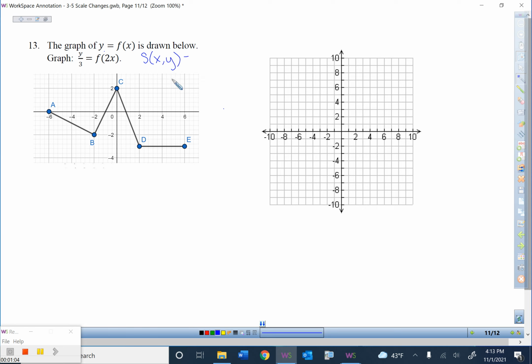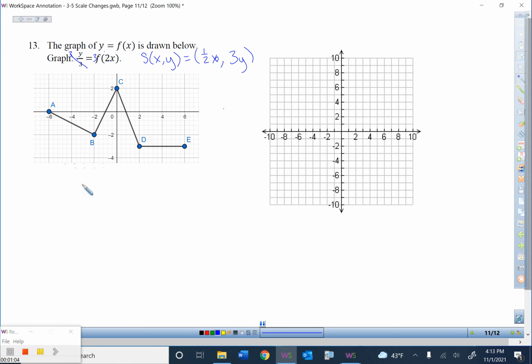Same process as before. Get that y by itself. 3 goes in front. So inside I would have 1/2 x, and outside I have 3 that goes with my y. And from there, we're going to make a table of points. So you've got a bunch of space down here.